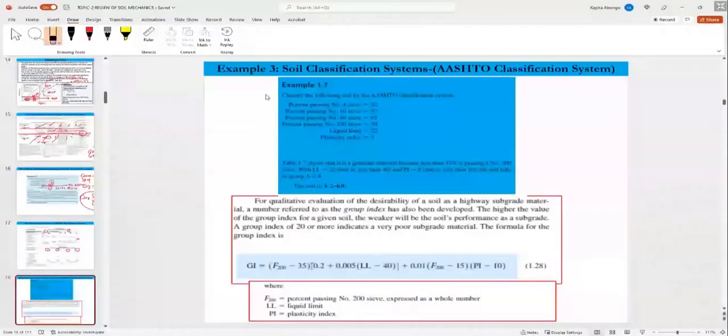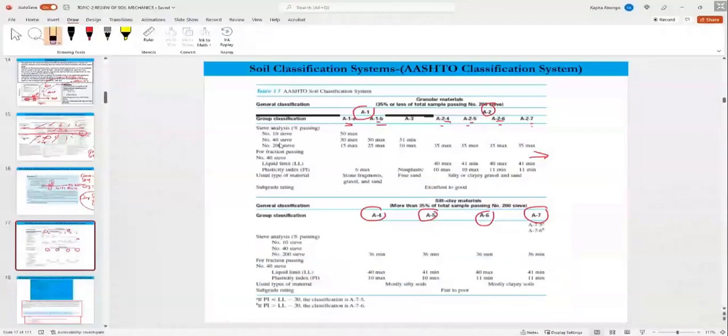Okay, we have a soil. You classify it with sieve number 10 is that, sieve number 40 is that, sieve number 200 is that, and the liquid limit and the plastic index is that. So we want to classify this soil. Let's go. We want to start with A1, sieve number 10, 50% maximum passing.